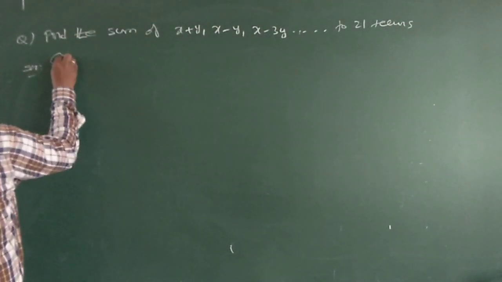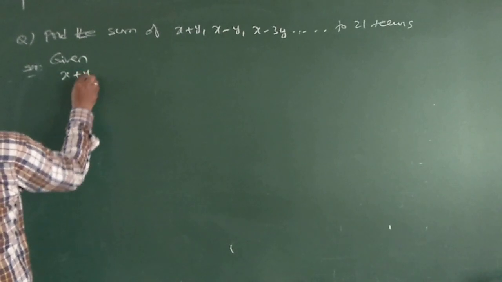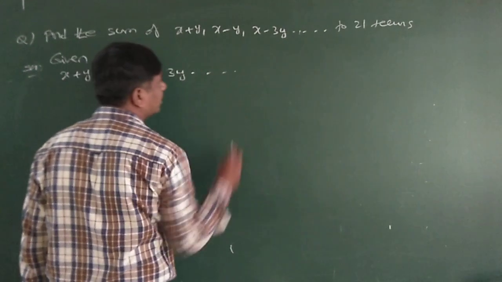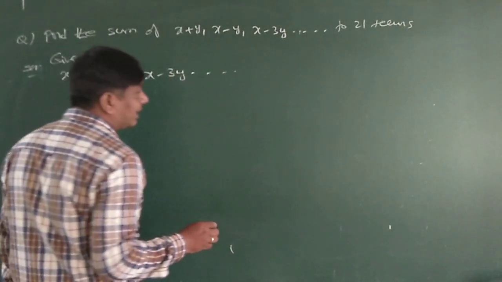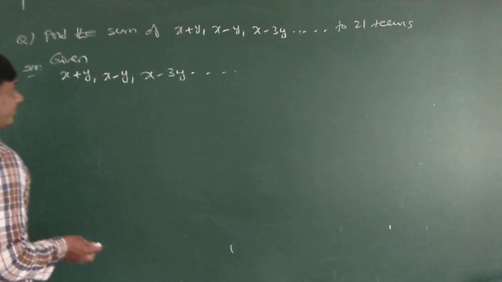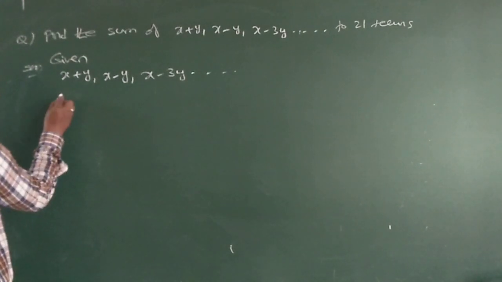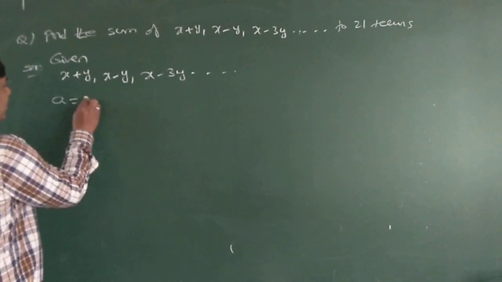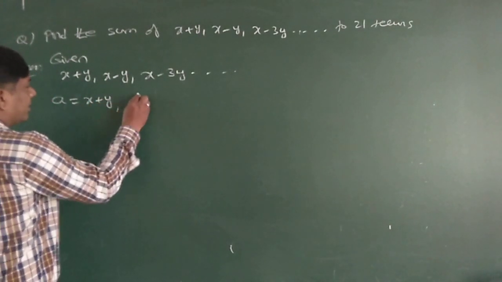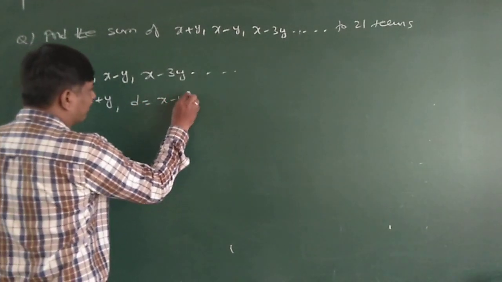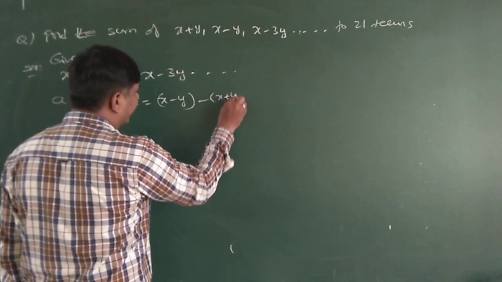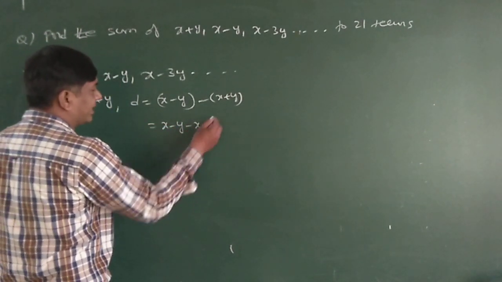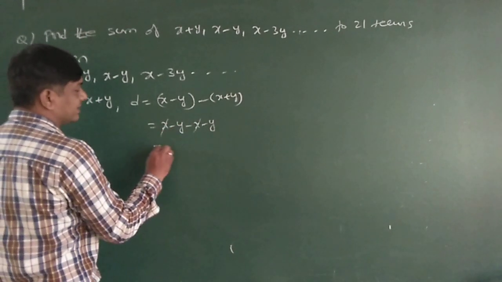Now the given sequence is x plus y, x minus y, x minus 3y and so on. How many terms do we have to add? 21 terms we have to add. This is already an AP. a is equal to x plus y, d is equal to x minus y minus of x plus y, that is x minus y minus x minus y. x minus x cancel, minus 2y.